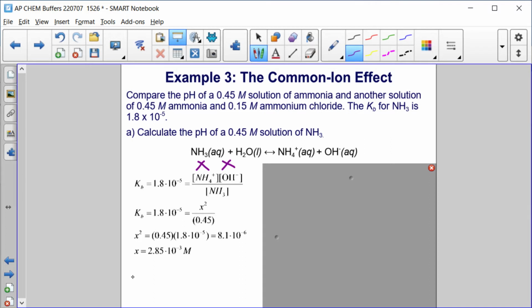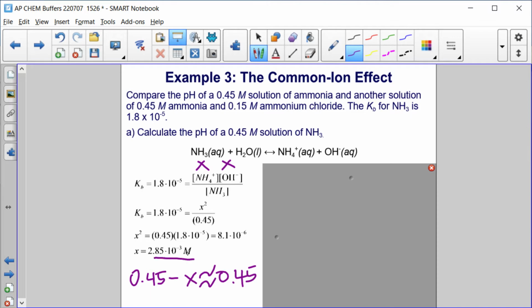Now, we had said at equilibrium that the concentration was 0.45 minus X, but this change, the dissociation, is not very big, given by this small Kb value. So this change relative to the initial concentration is very, very small. We can assume that it's close enough to 0 that at equilibrium, the concentration is approximately 0.45, the same as its initial concentration. So that's why you have that there.